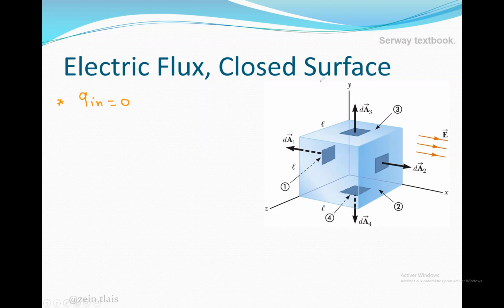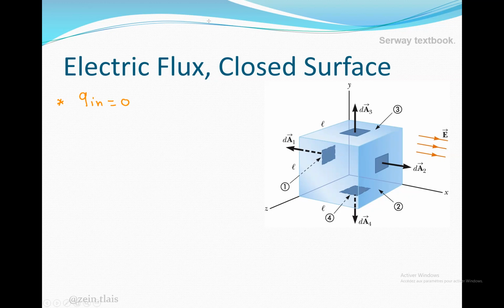Here we have an electric field. The field is like this in the x direction. I don't want to draw on the figure, just to have a clear one. Here we have x, y, and z, x-axis, y-axis, and z-axis, and the field is directed along the x-axis, as you see in the figure.